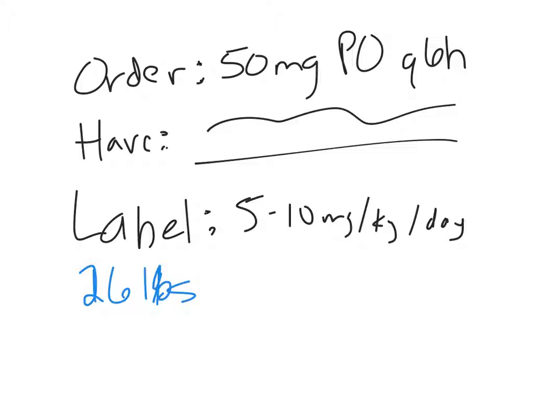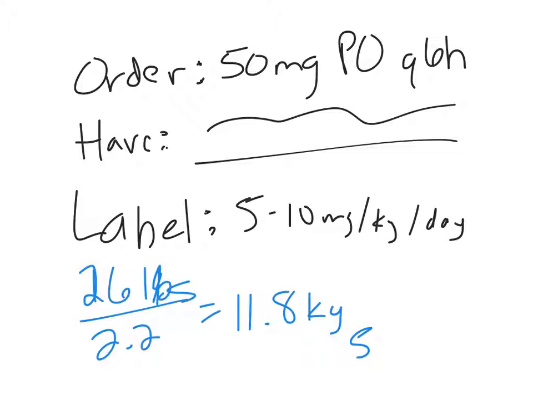So for our 26-pound patient, 26 divided by 2.2, remember that's what we need to do to figure out what that is in kilograms. This means that this person is 11.8 kilograms. So once again, we're going to have to multiply by both ends of that range. 11.8 times 5 means that my patient can take, on the low end, and let me write this in green so I can see our specific range here, 59 milligrams per day.